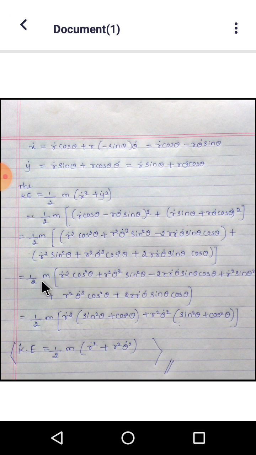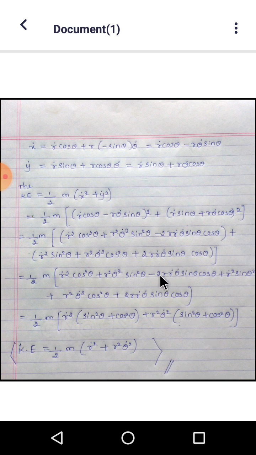Next, 1/2 m [ṙ² cos² θ plus r² θ̇² sin² θ plus 2 r ṙ θ̇ sin θ cos θ, plus ṙ² sin² θ plus r² θ̇² cos² θ plus 2 r ṙ θ̇ sin θ cos θ]. Here, taking ṙ² as common, cos² θ plus sin² θ, and then plus r² θ̇², cos² θ plus sin² θ.